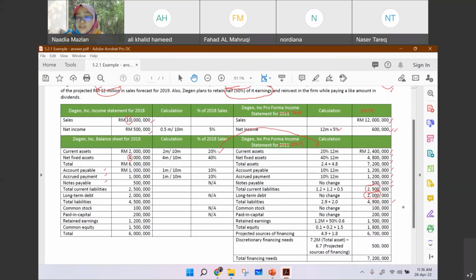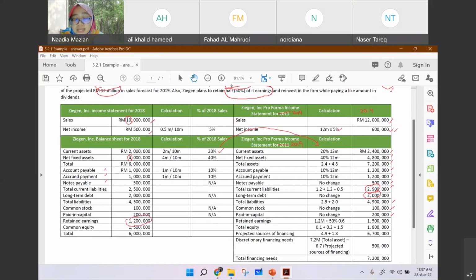So you're just going to drag the 100,000 to common stock here. And paid-in capital also has no change, so not applicable. You just drag the 200,000 here. In order to calculate your retained earnings, you take the previous retained earnings, which is 1.2 million, and then go back to the plan to retain 50% of its earnings.